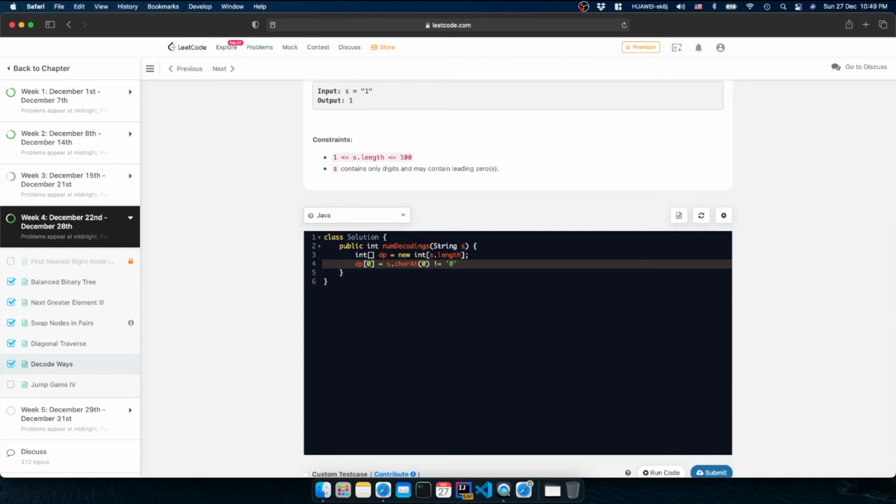So if the first character is not 0, then we can decode it in one way, right? So similarly we are just saying this, right? So I hope this is clear. So I am just saying that if the first character is not 0, I can decode it in one way, otherwise I can't decode it, and so dp 0 will be 0, right?